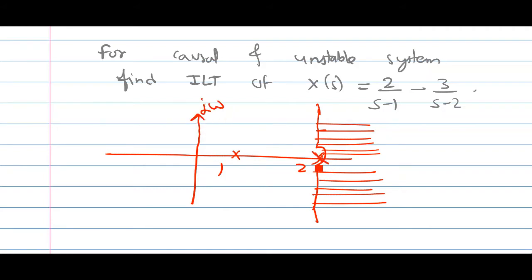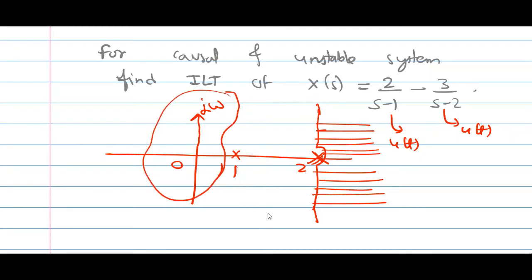So I must start from 2 only. For both the poles, as it is going towards the right hand side, u of t will come in the answer. And it is an unstable system because it is not crossing the j omega axis. Therefore, it is an unstable system.